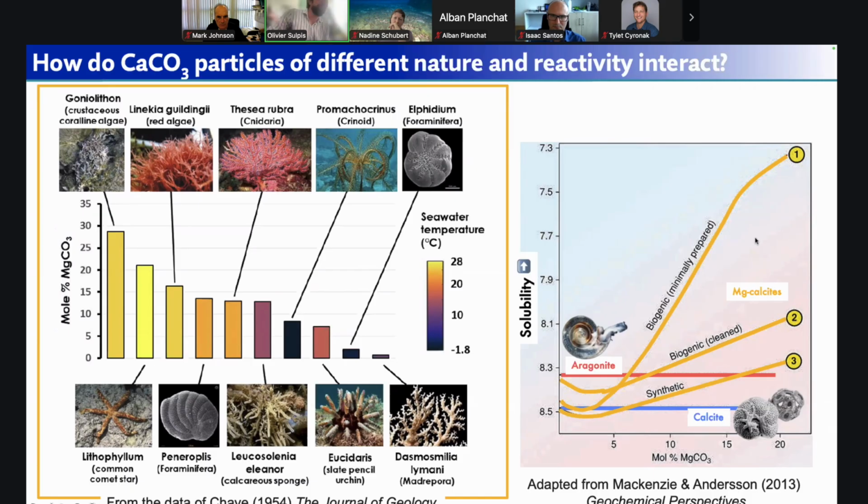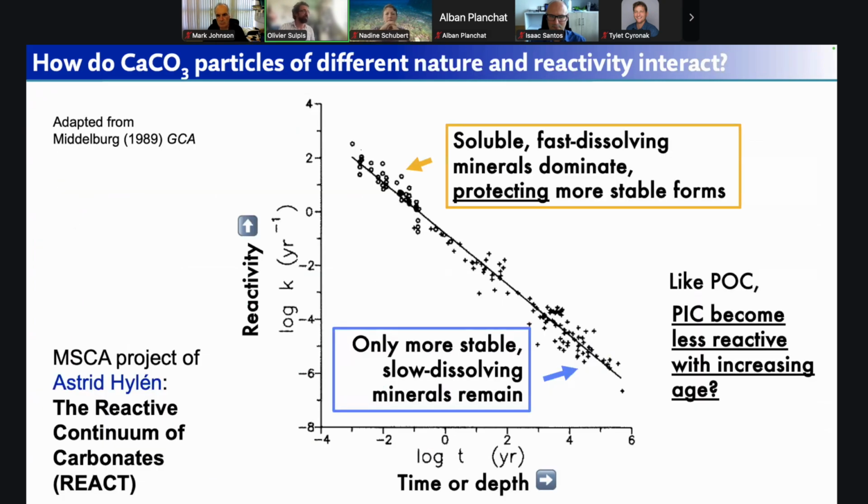So if you are in an environment where you have all of those things together, then what you will see will be the dissolution in priority of the highly soluble phases. So the goniolithon, the peneroplis, and all of that preserves the less soluble minerals that are buried within this sand.